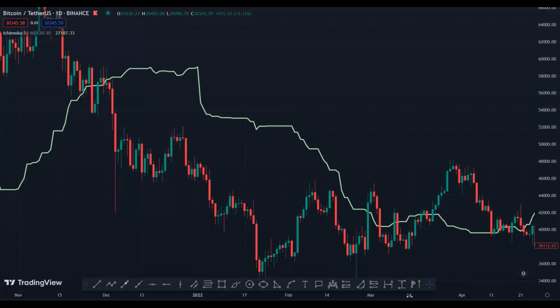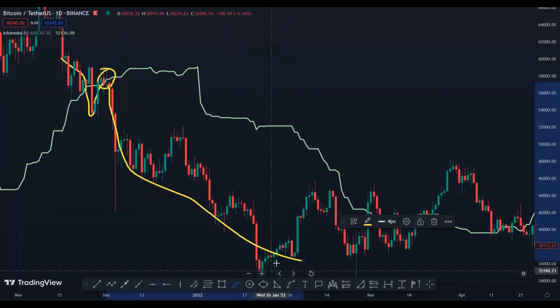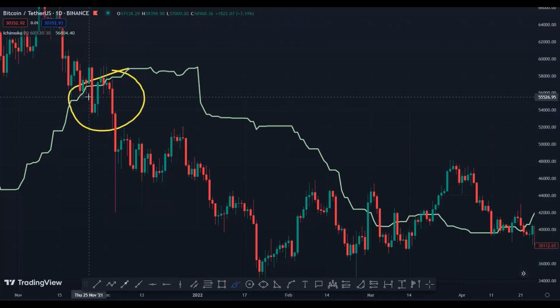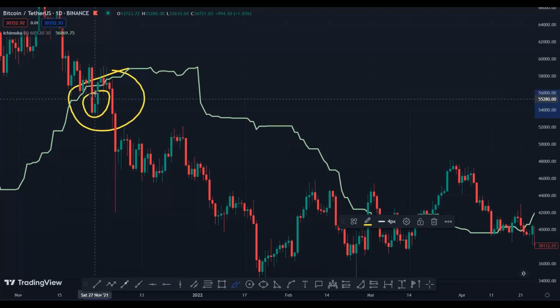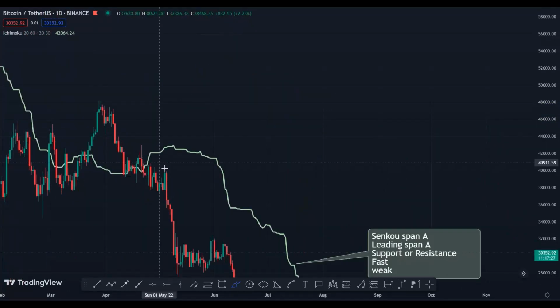We came back, we tested that Senkou Span A, and we couldn't hold that level and we rejected massively to the downside. So this is the first sign for you to be bearish and sell your positions, okay?